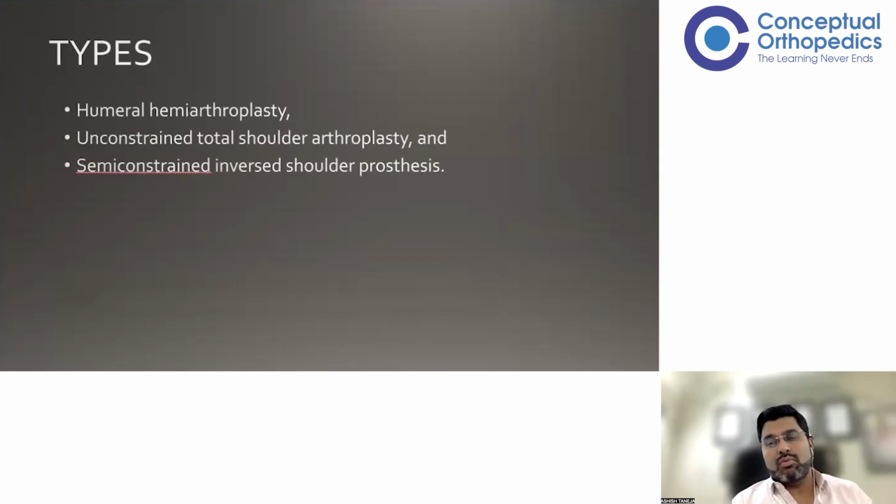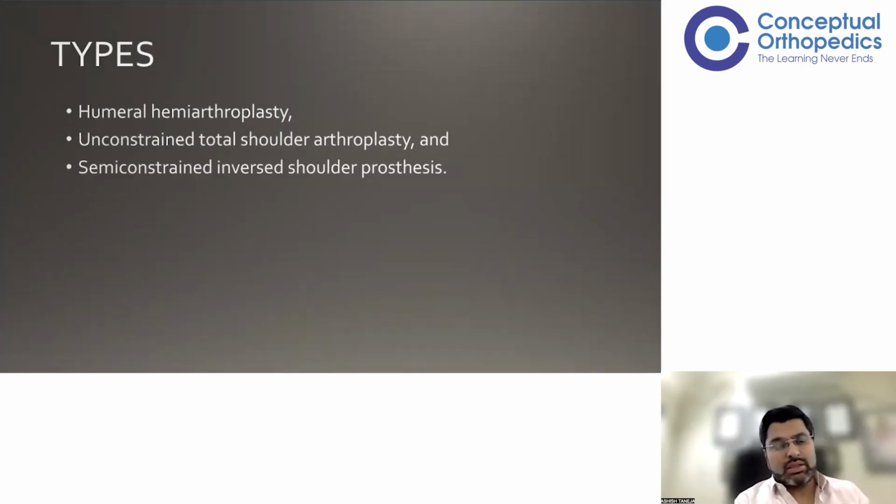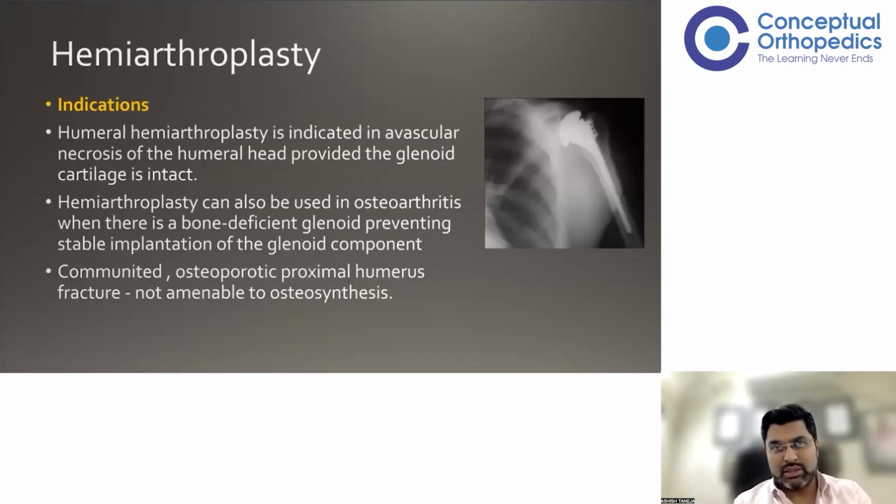So what all arthroplasty do we normally use in our practice? It can be different types of arthroplasty. We deal with hemi-arthroplasty, then there is anatomical total shoulder arthroplasty, then it's a semi-constrained reverse shoulder or inverse shoulder. So these are the three types of arthroplasty that are commonly being used in today's practice.